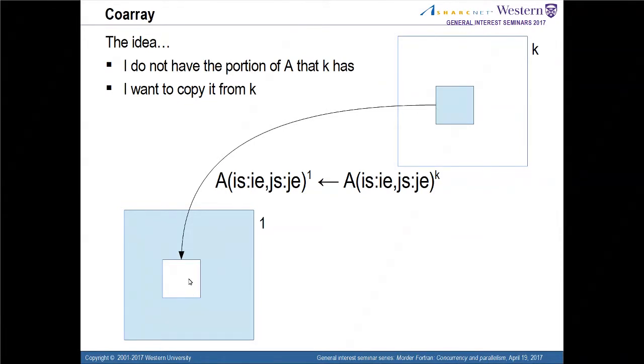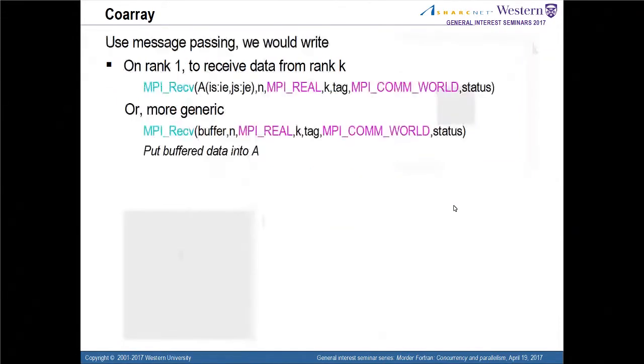You can think of this as an array. We have an array A, and we want to fill up this chunk of the array with the values currently held on process K. This is the concept. Now, how do we do that? For those of you who are familiar with message passing, or MPI, or who have heard of MPI, this is what typically happens.